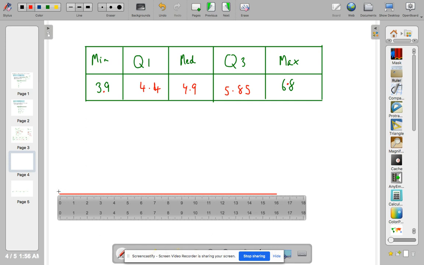Mark in our divisions, so 3, 4, 5, 6, and 7. Write them in: 3.0, 4.0, 5.0, 6.0, and 7.0.